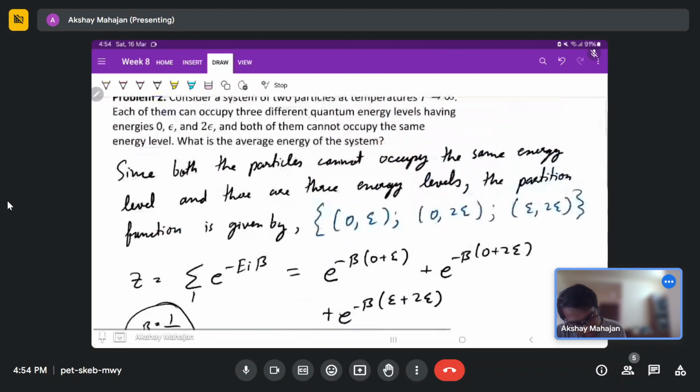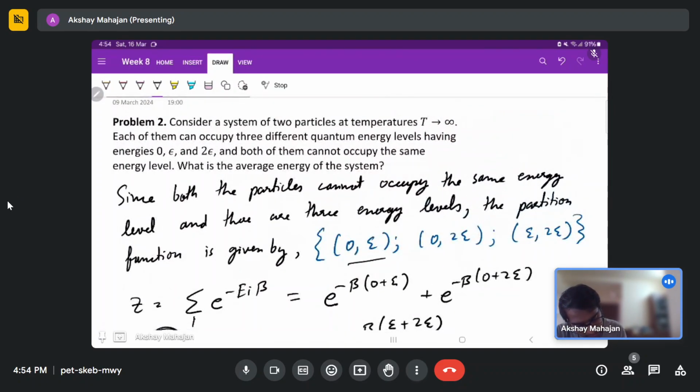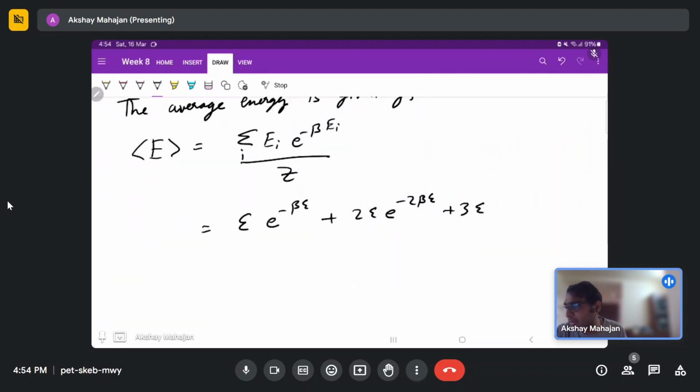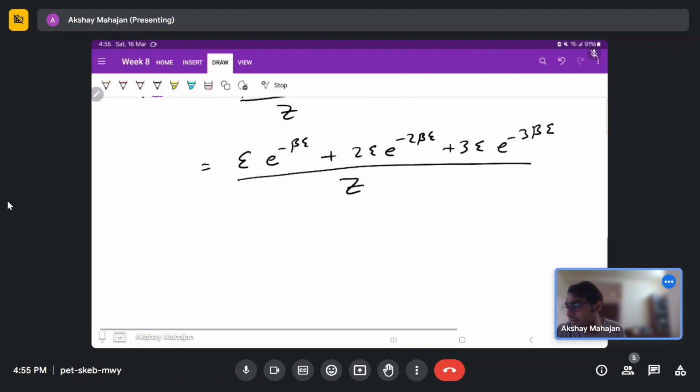These are the energies epsilon, 2 epsilon, and the net energy 3 epsilon, 3 epsilon e to the power minus 3 beta epsilon, divided by whatever the Z is.